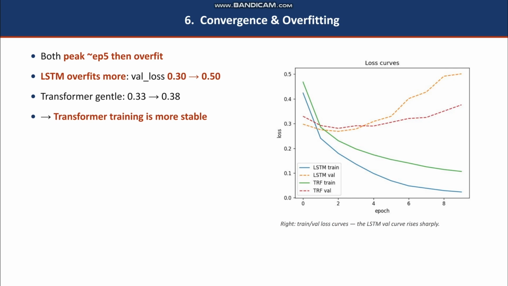Its validation loss shoots from 0.30 up to 0.50, while the transformer rises only mildly, from 0.32 to 0.38. So the transformer is more stable in training. That's the first behavior difference.